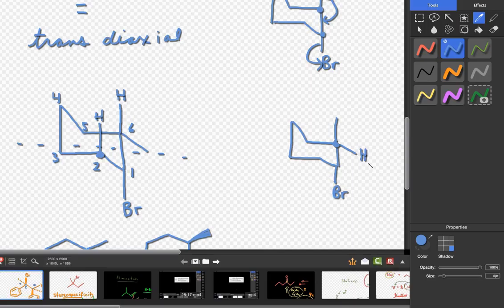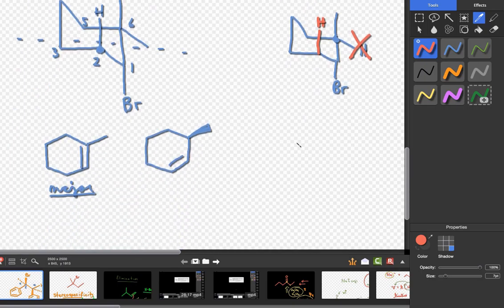So that hydrogen cannot be removed. The only hydrogen that can be removed is the hydrogen from carbon 2, which means we only get one product, and it is the minor product.